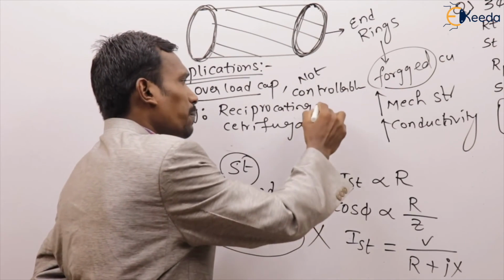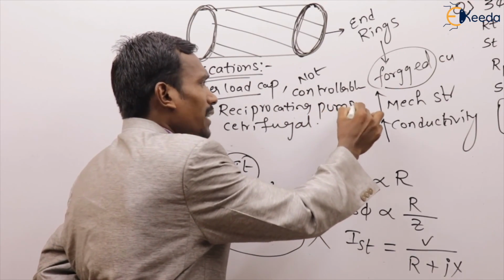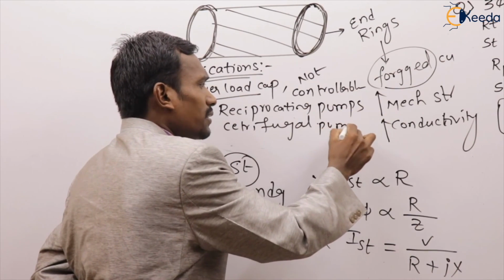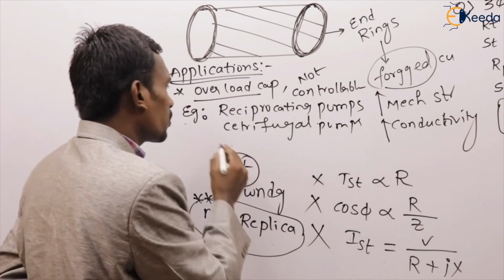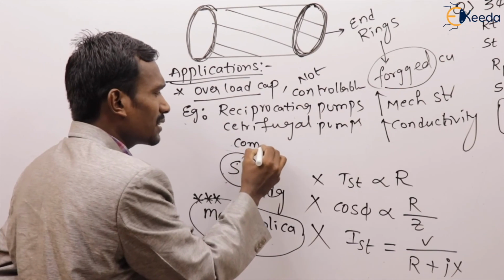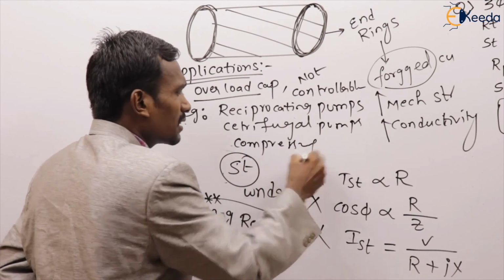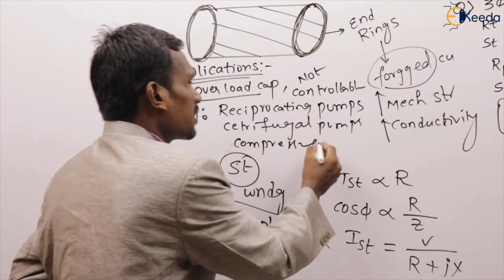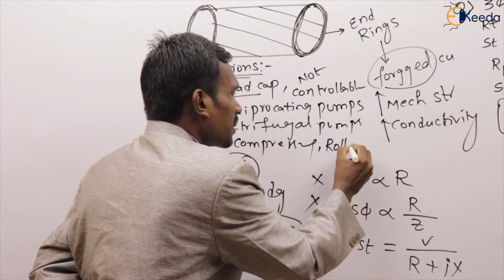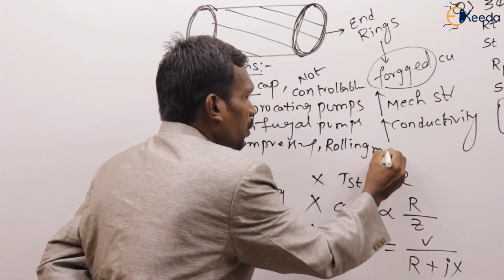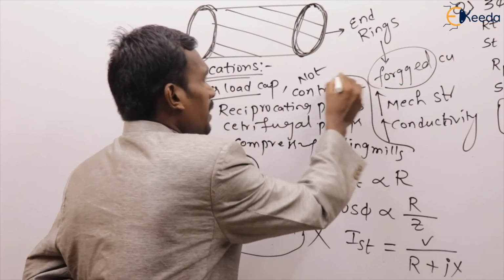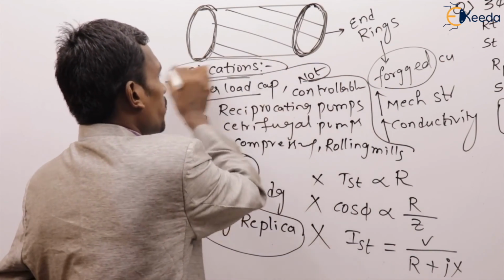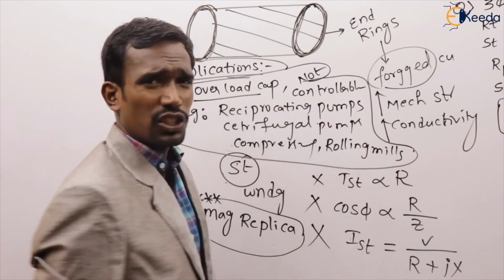So in reciprocating pumps and in centrifugal pumps, and also generally in compressors, and generally these are also used in rolling mills, like these applications.